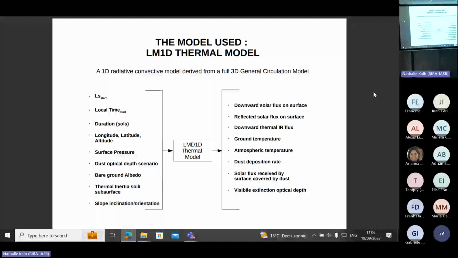What we are interested in is the dust deposition rate on a flat surface and the solar flux received by a surface covered by the dust at this deposition rate, which can be inclined and oriented as the user wants. And you also have access in the output to the visible extinction opacity.